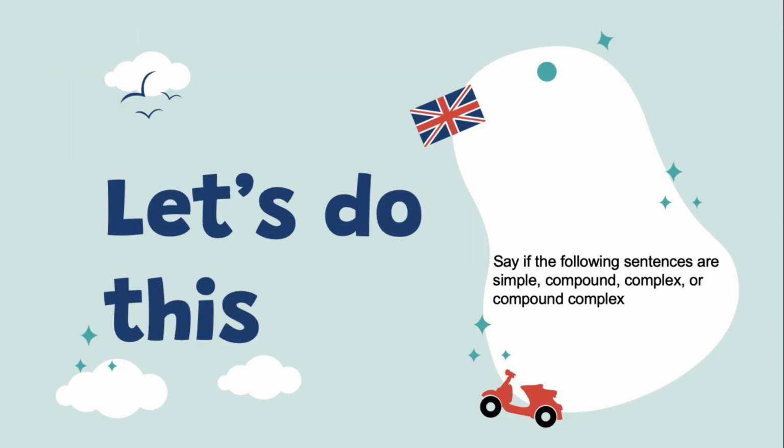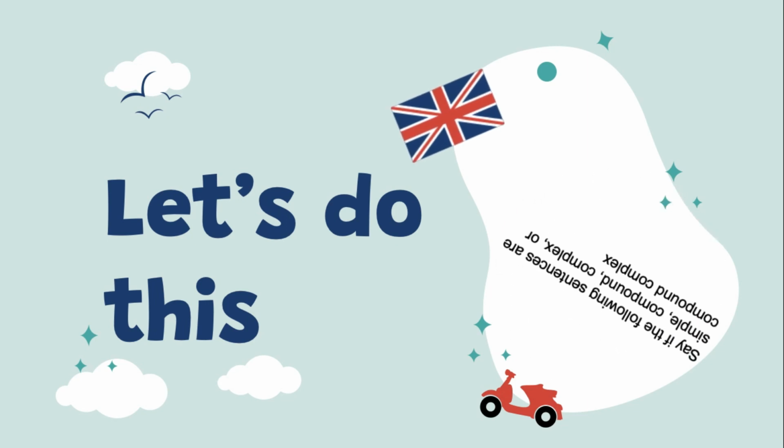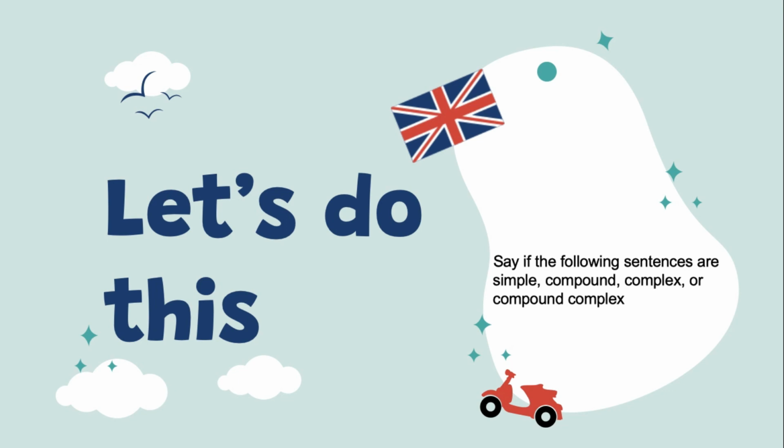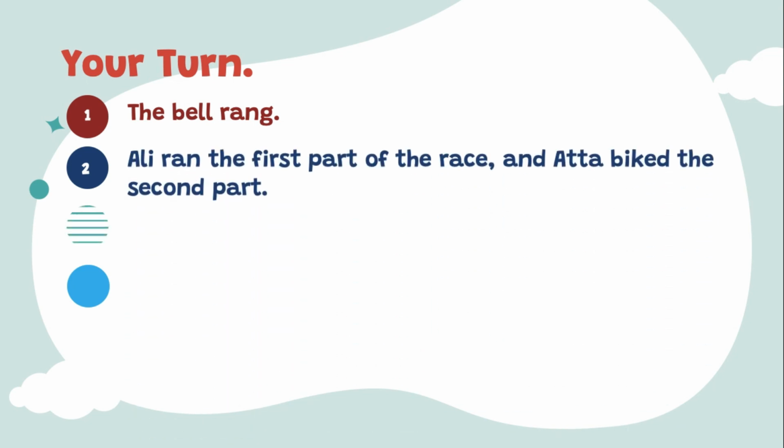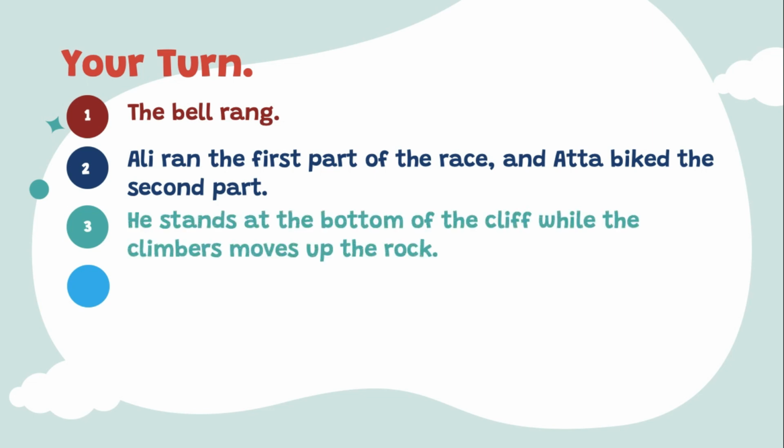Well, let's do this. Say if the following sentences are simple, compound, complex, or compound complex. Right, it is now your turn. There are 5 sentences that we are going to discuss in this session. The first one, the bell rang. Second, Ali ran the first part of the race and Atta biked the second part.